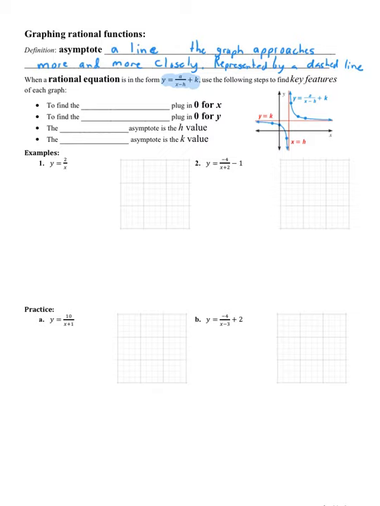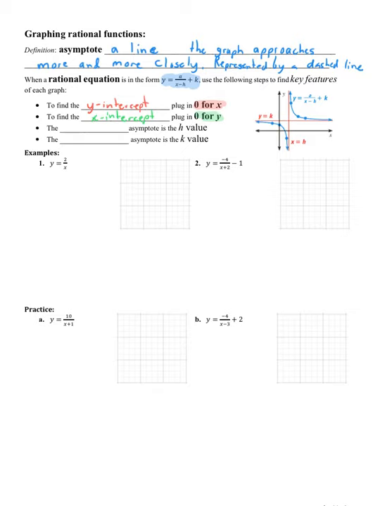Some key things that we want to look for when we're doing these graphs. We want to find the y-intercept, and the way we find the y-intercept is we plug in 0 for x. We want to find the x-intercept, and the way we find the x-intercept, plug in 0 for y.